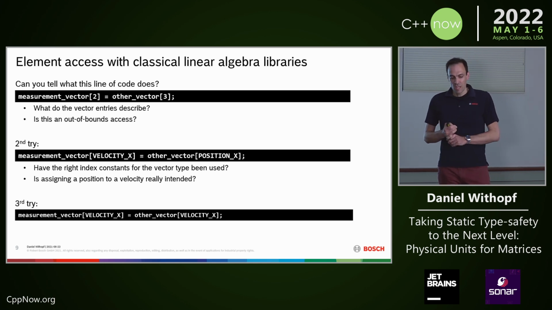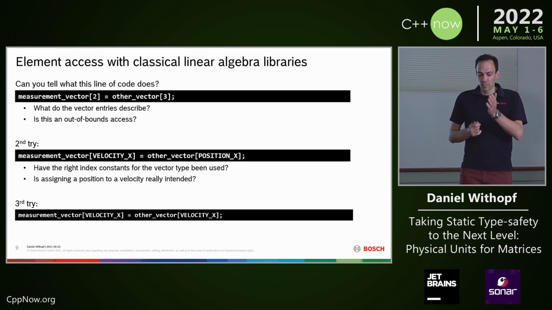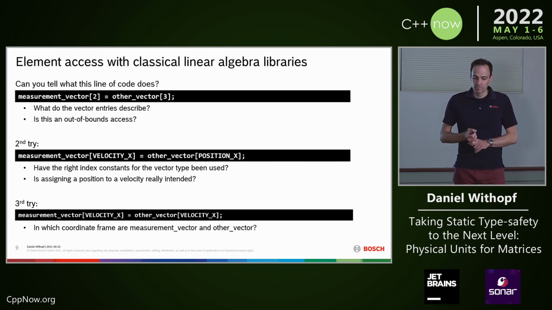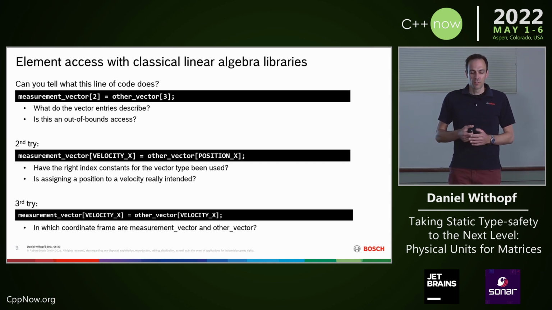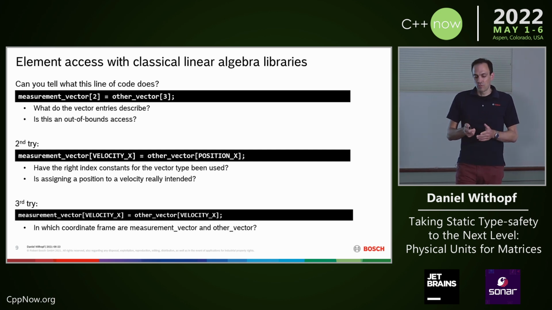And then maybe in the last try, the code line looks like this here. We access other vector at velocity x index and assign it to measurement vector at velocity x index. Now this looks okay, but still there's one question remaining. Namely, in which coordinate frame are the two vectors? Because if the one is from one coordinate frame, the other one from a different coordinate frame, then again, this could be or is most likely an invalid operation if the two coordinate frames do not overlap.